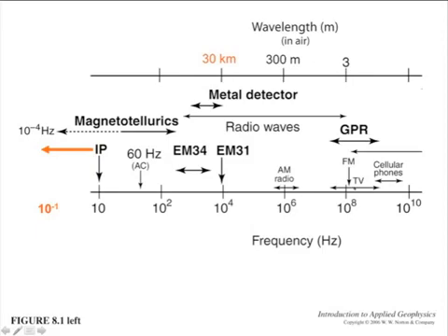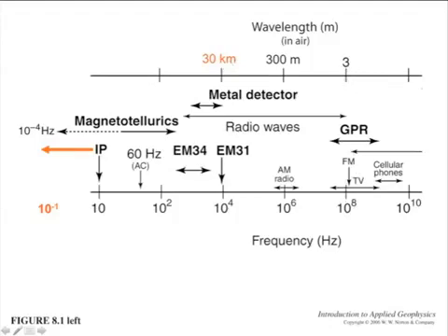At 10 to the ninth, a gigahertz, the wavelength is about 30 centimeters, 0.3 meters. The FM radio band is at about 3 meters wavelength.